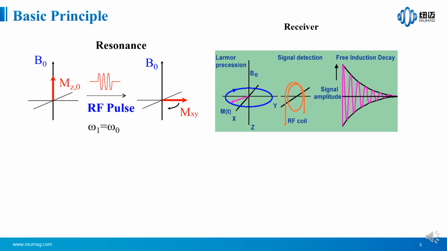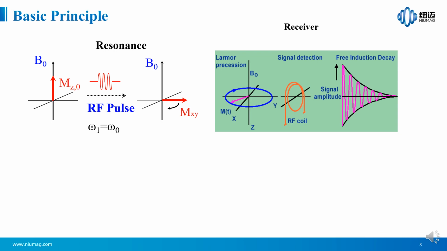From the microscopic point of view, it is the nuclei of different energy levels that absorb RF energy and make the transition from the lower energy level to the higher energy level.